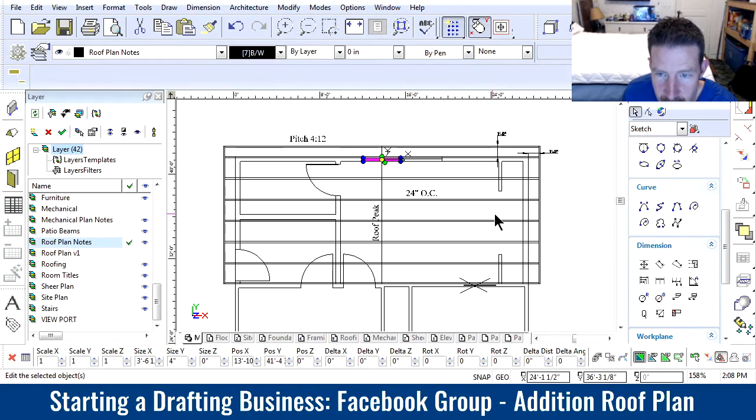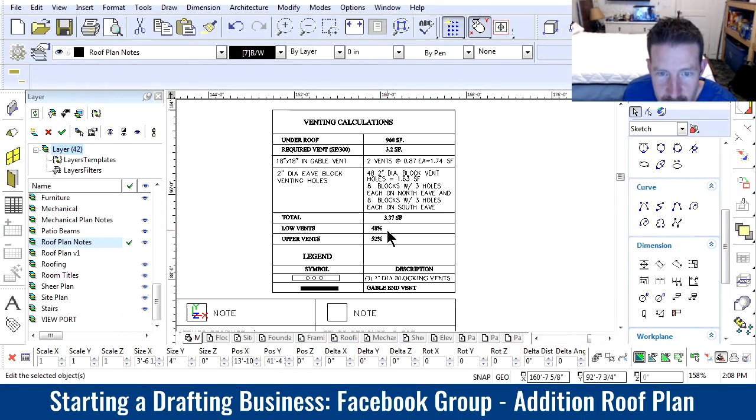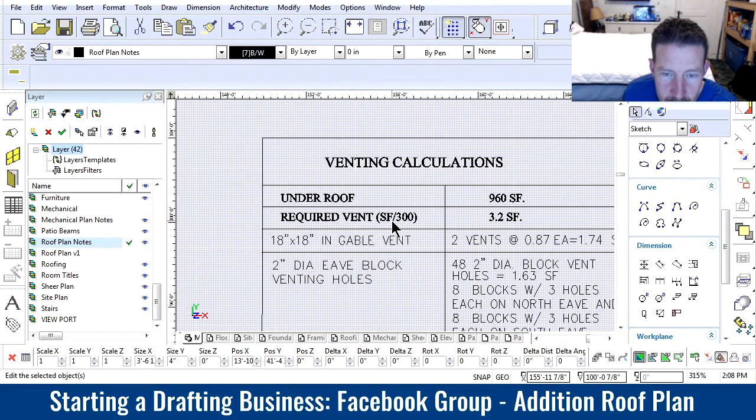Alright, so venting. Let's go over that. In my county, venting for attic roofs is 1 square foot per 300 square feet of roof.